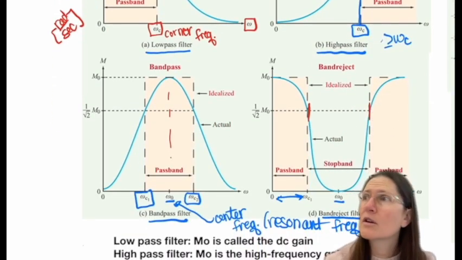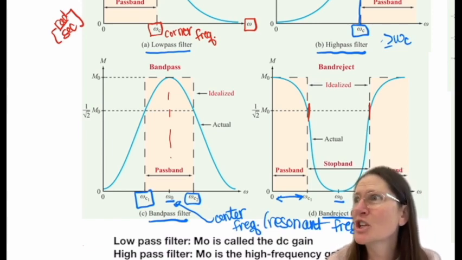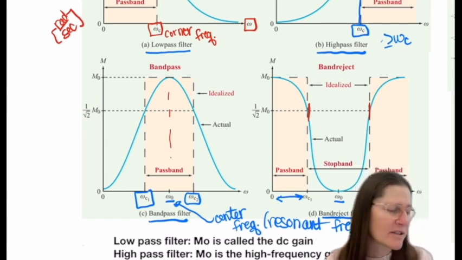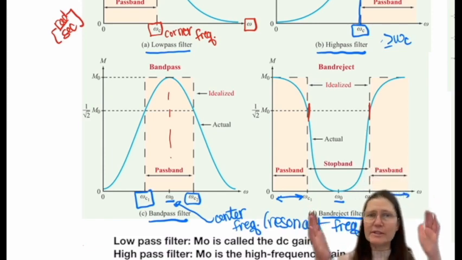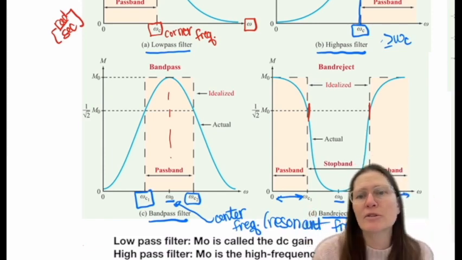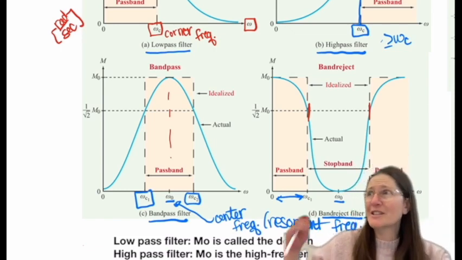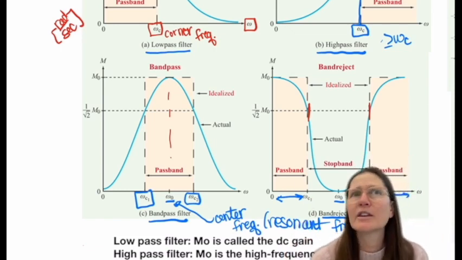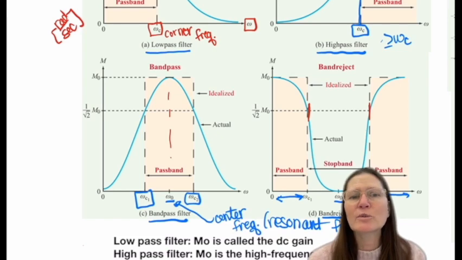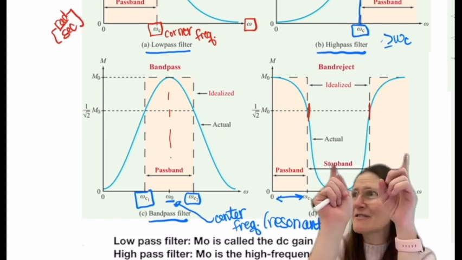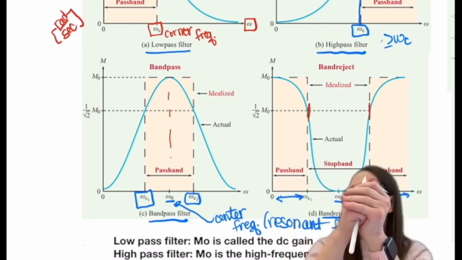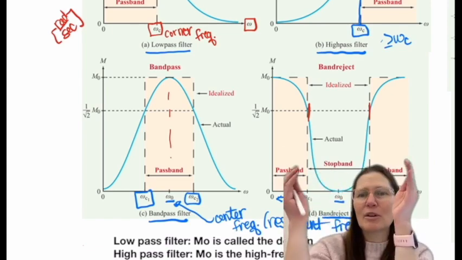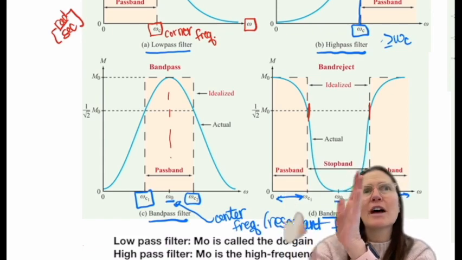Bandwidth is just whatever it's passing, right? When it's passing it, correct. Yep. So whenever it's passing it, so for band pass, it's going to be between those two frequencies. And then for band reject, it will be before a frequency and after a frequency. And those would be considered. So bandwidth is usually like a definitive number, so it's hard to say like band reject has a bandwidth and high pass has a bandwidth because it's more like anything above that.